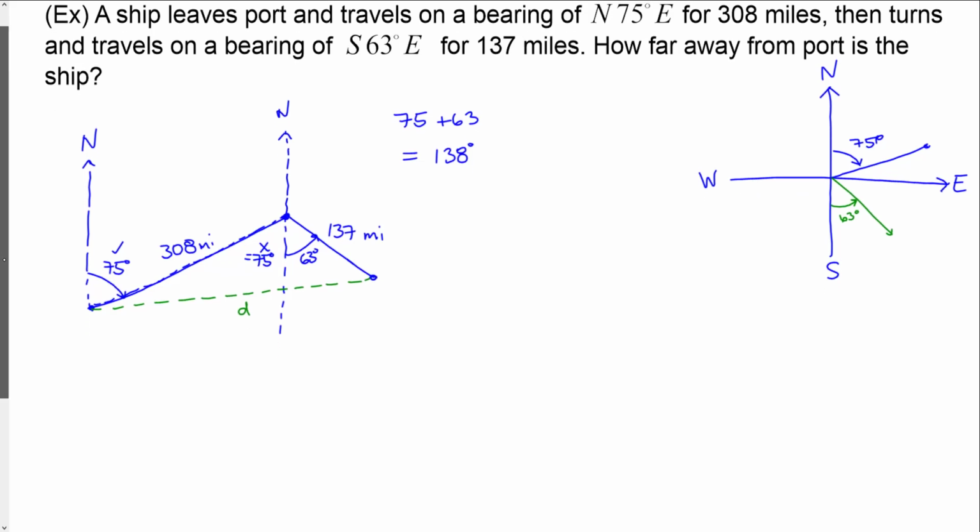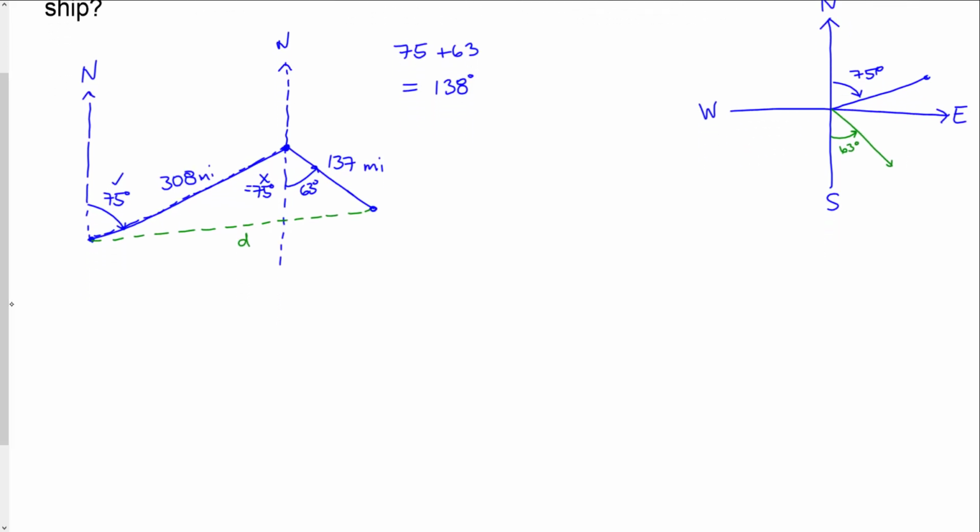So what I'll do is just say, all right, d squared is equal to 308 squared plus 137 squared minus 2 times 308 times 137 times the cosine of 138 degrees. And I'll get out my calculator and find out what this is.